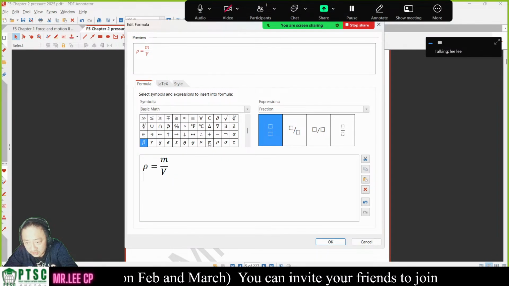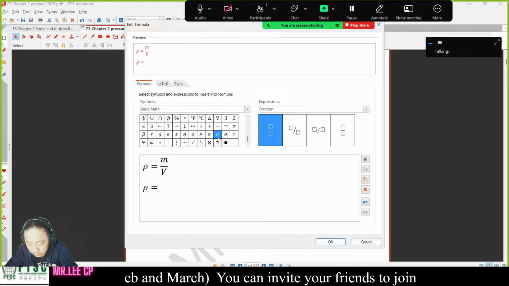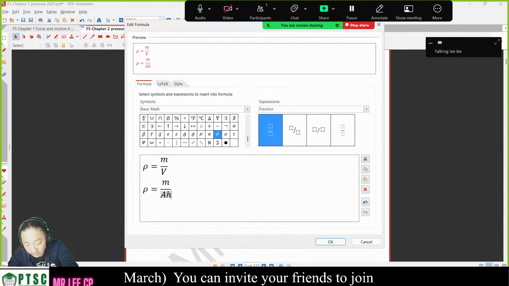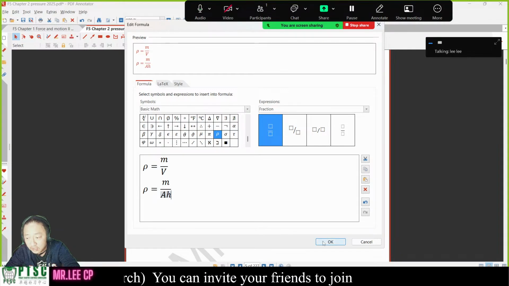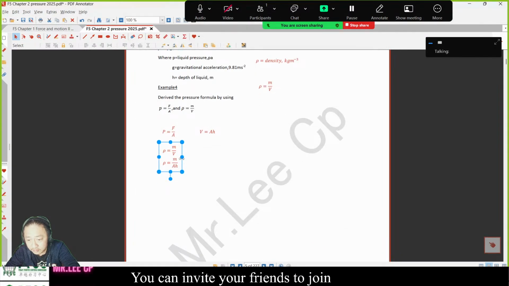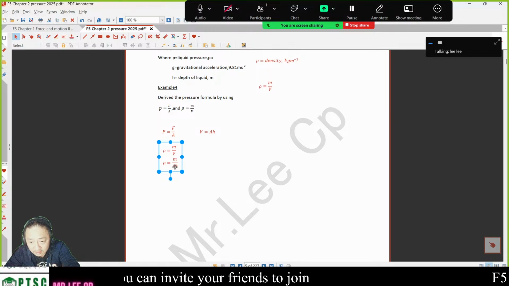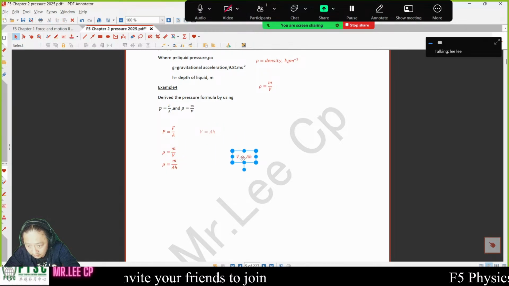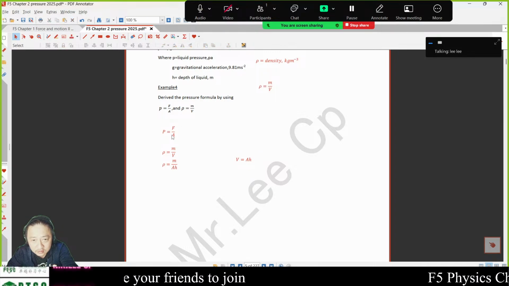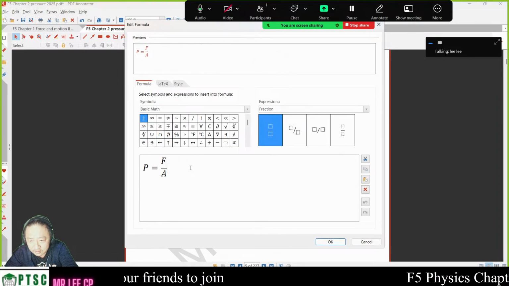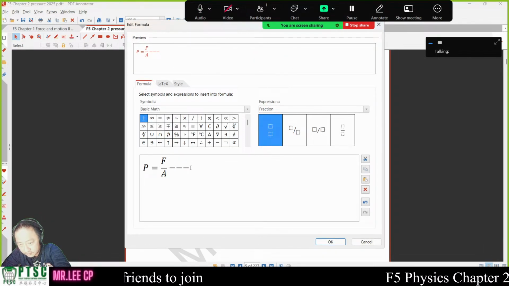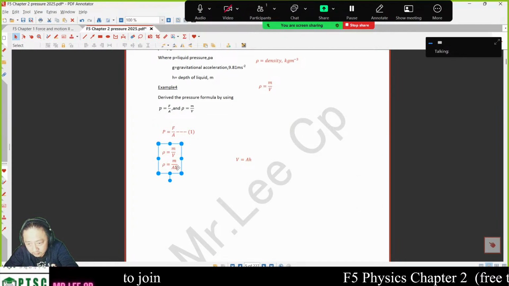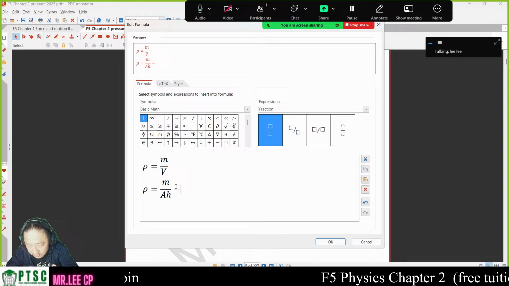Density is equal to mass divided by area times height. I leave this one as 1, and this one as 2.